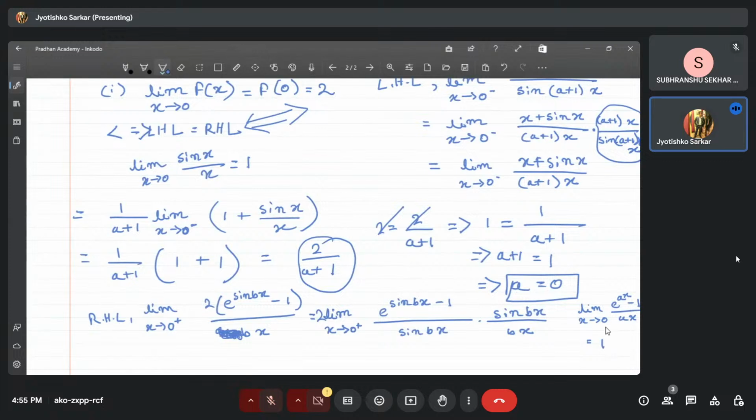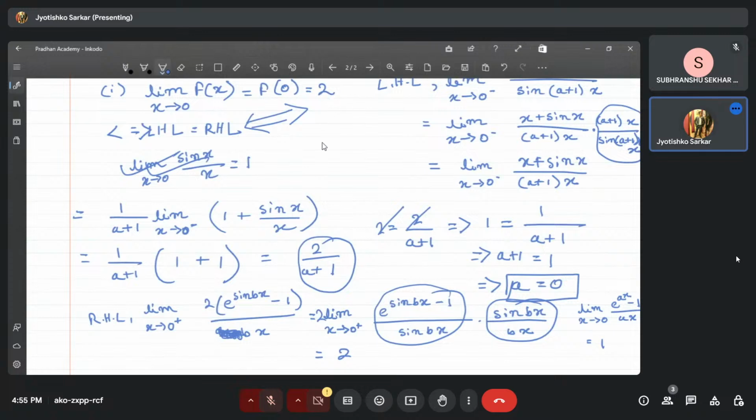So this value will return 1, and again the sine bx by bx will also return 1 using this. So it will give us 2, that is equal to the function defined at that point, f(0), that is also 2.